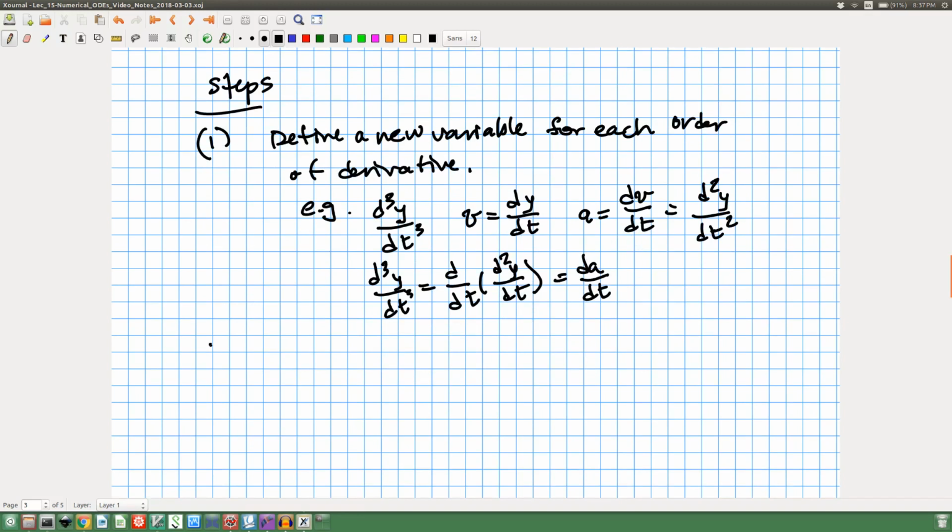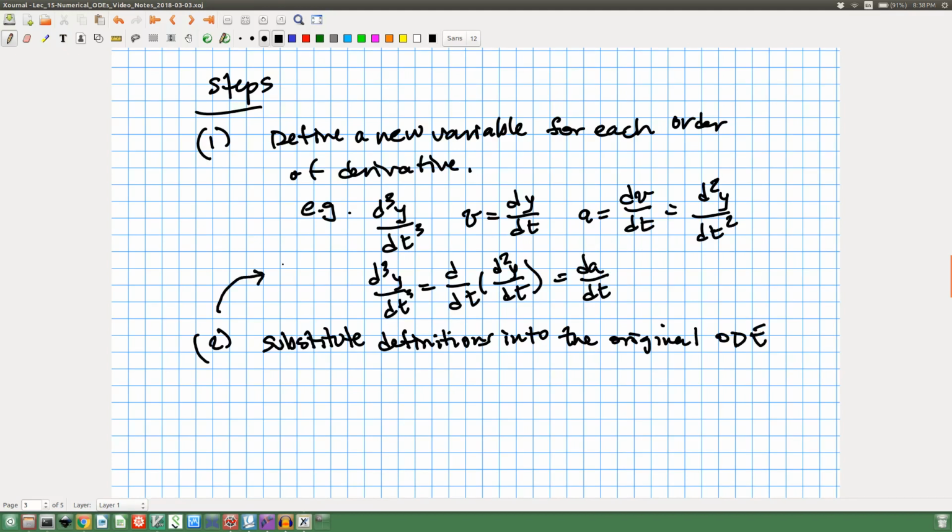Step 2 is substitute my definition into the original ODE. I sort of showed you step 2, right?